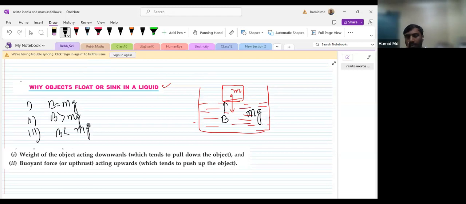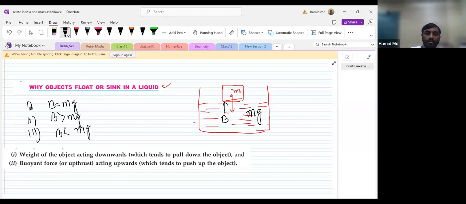So what are all these three situations? In which situation will the object float or sink? Out of these three relations, in which situation do you think the object will float or sink?